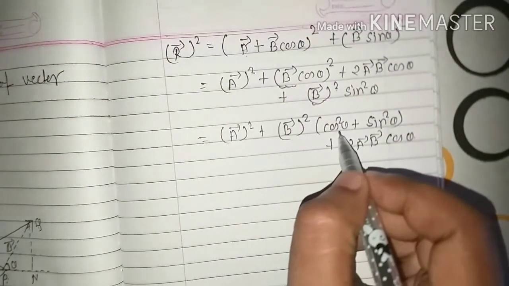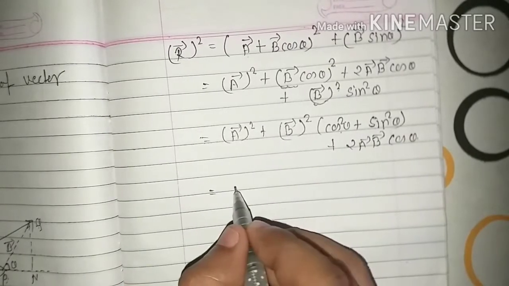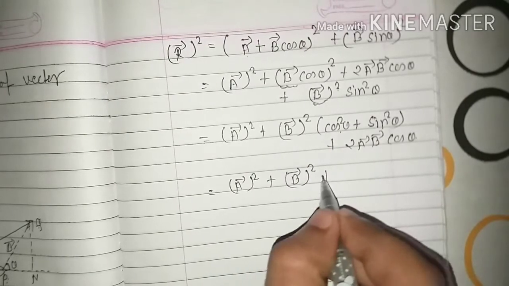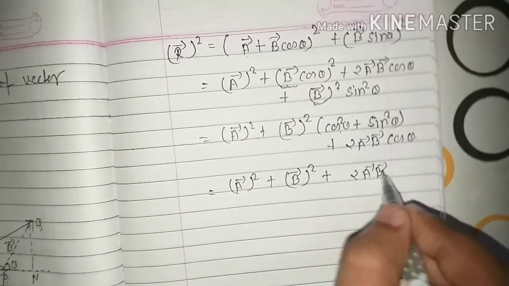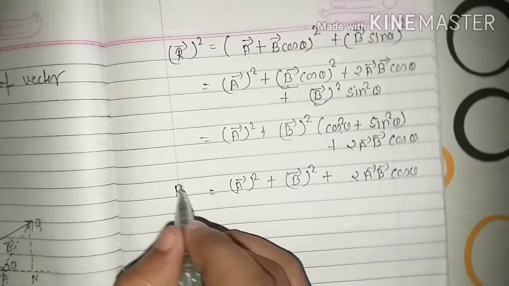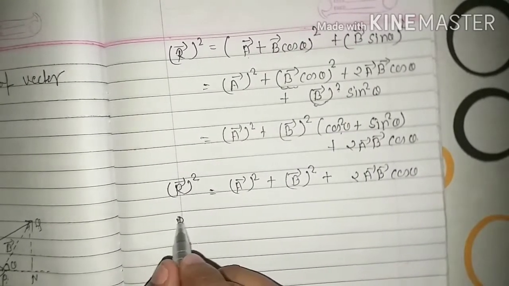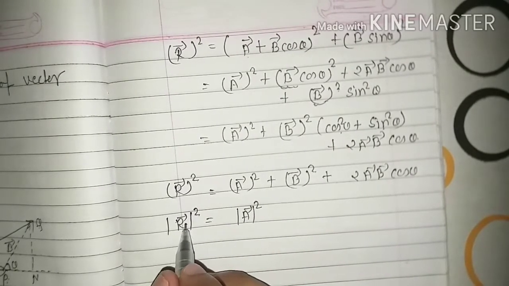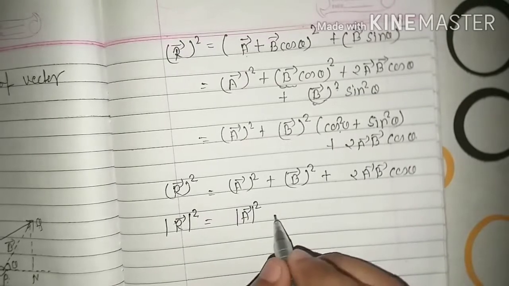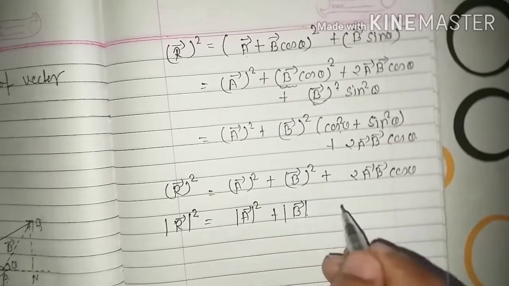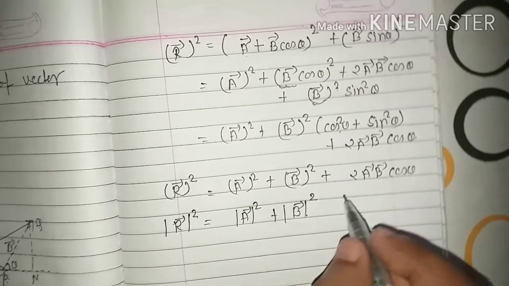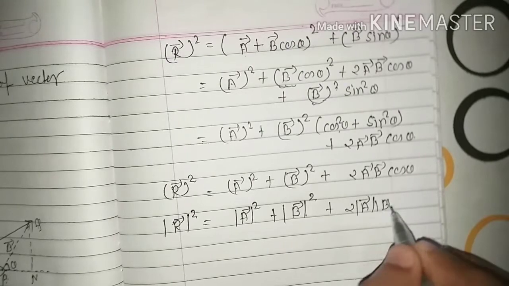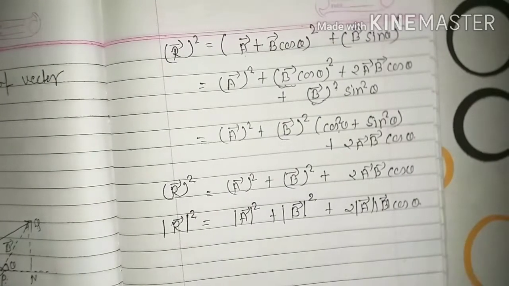This identity, cos square theta plus sin square theta, becomes 1. So we have A square plus B square plus 2 vector A vector B cos theta. This is vector R square. We write it in mod form: the square of the mod of vector R equals the square of mod of vector A plus the square of mod of vector B plus 2 mod A mod B cos theta.